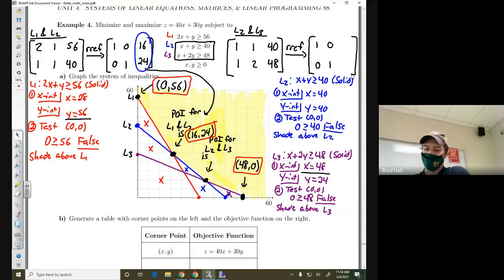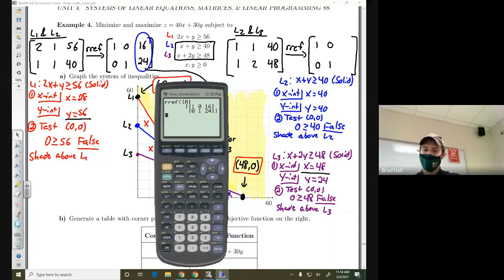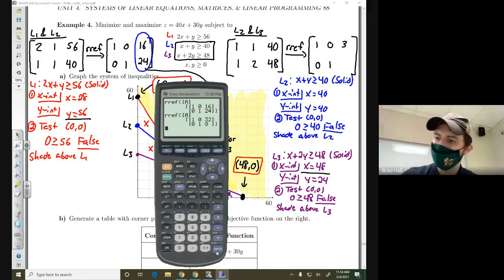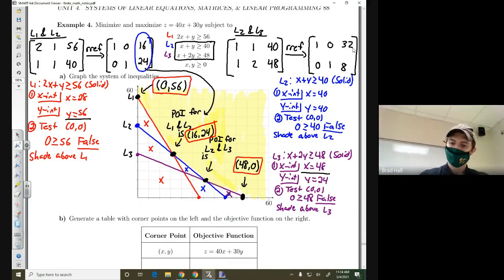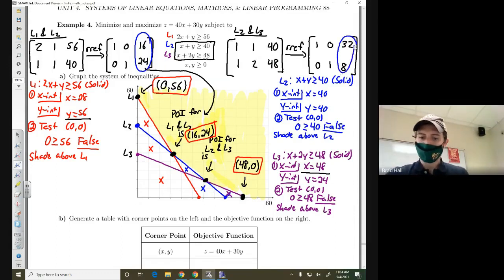And it's the same idea. We throw it straight up the calculator and see what we obtain. And we get 32 and 8. That 32 and 8 is what gives us the final point of intersection.